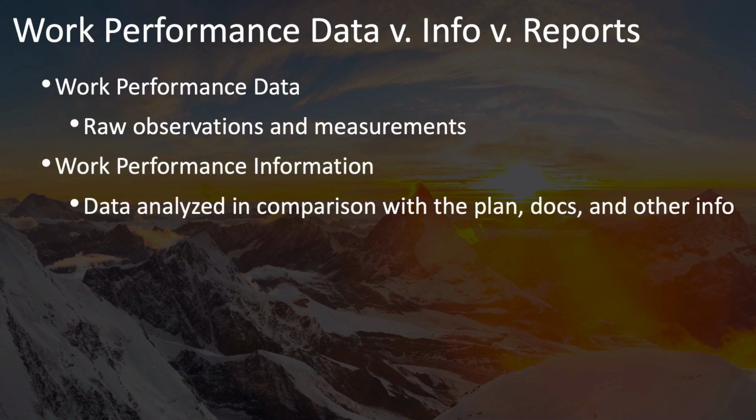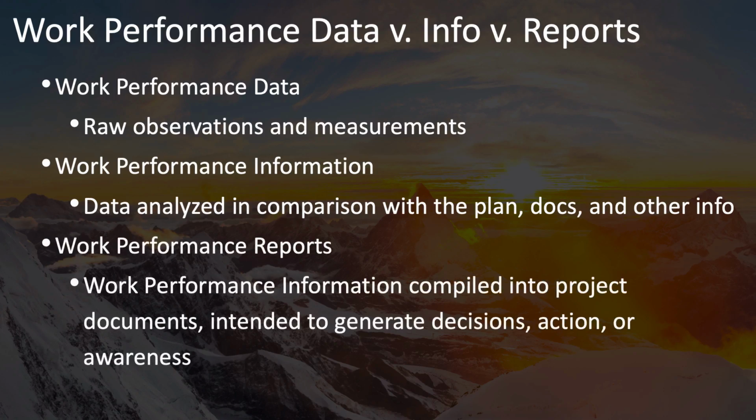Work performance information is this work performance data that has now been analyzed and compared with the plan and other documents and project information. Work performance reports take this work performance information and compile it into project documents that are intended to generate decisions, prompt action, or bring awareness.